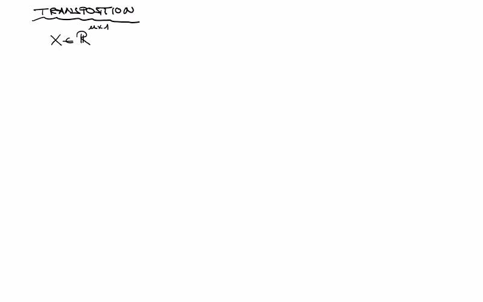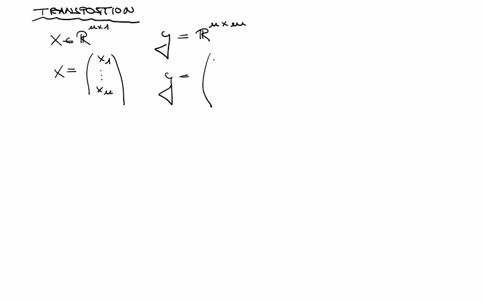So what you should think of then is that X has somehow this shape with these entries, which are all real numbers, or maybe a little bit more advanced, that you have a matrix where you have rows which are n-dimensional things.